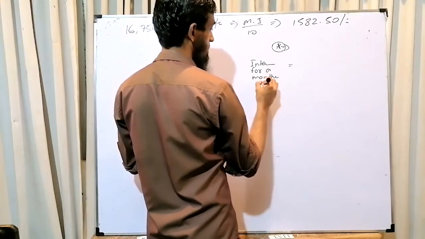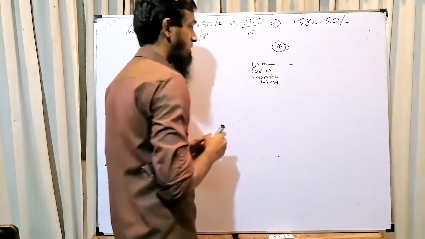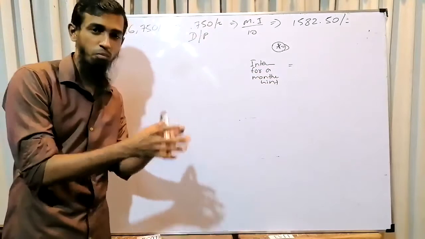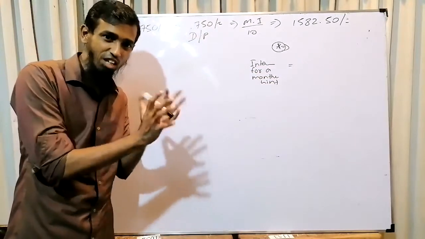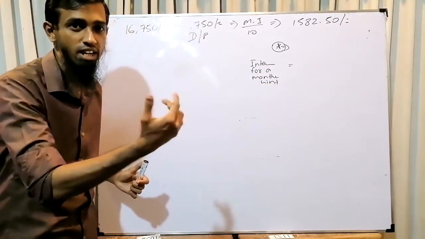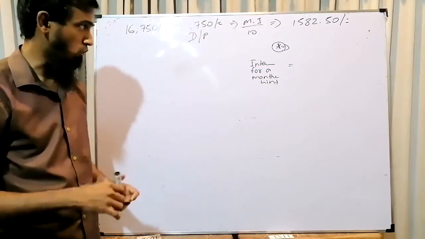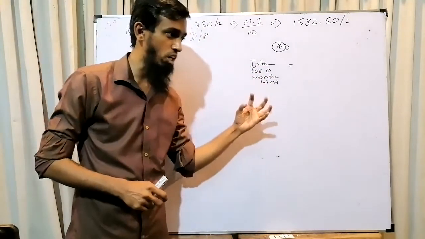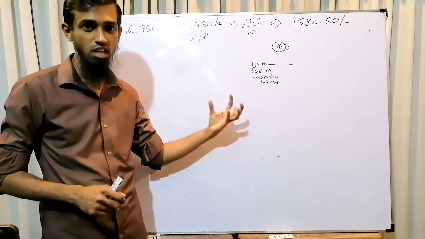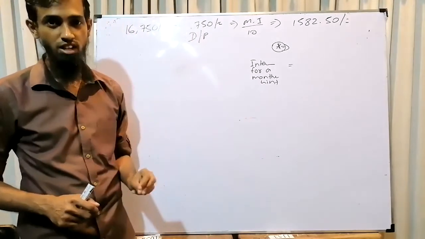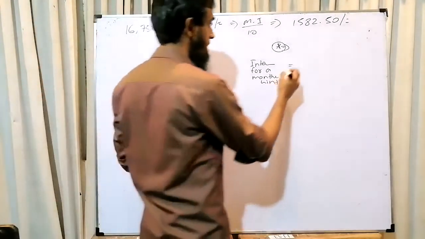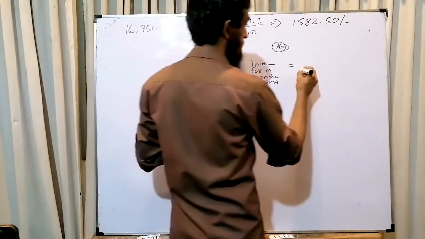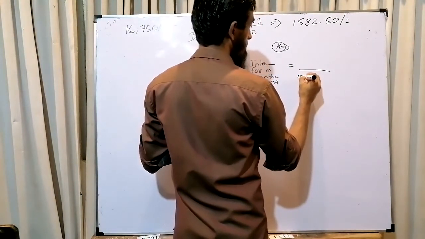When you find the interest for a month unit, for that step only, we are using the interest rate. Using the interest for a month unit, we can find the interest rate. So how do we find interest for a month unit? We need the amount for a month.